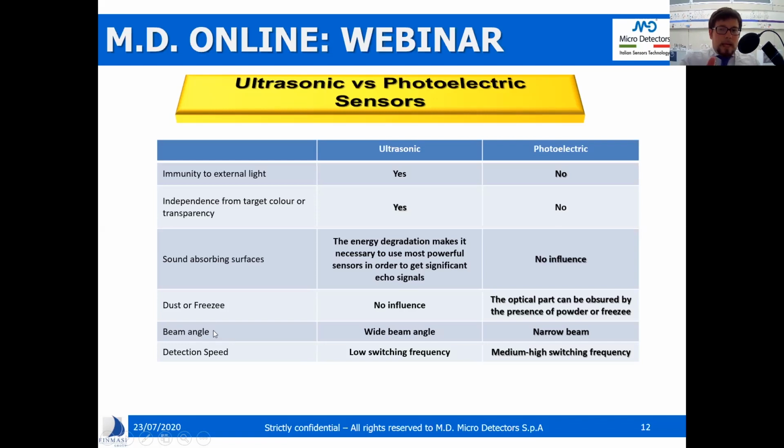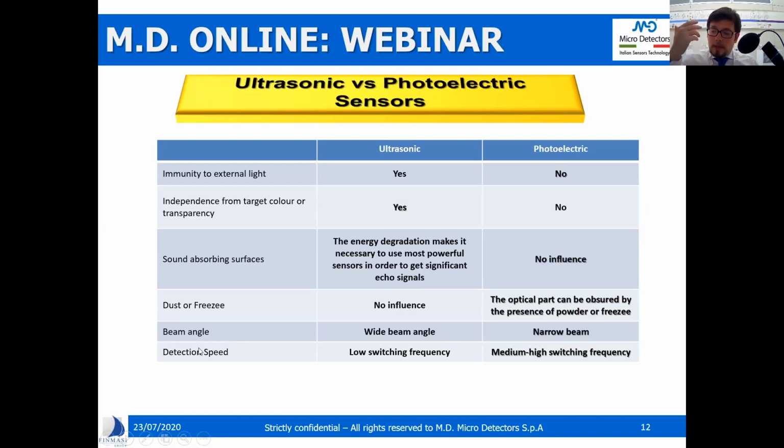And we have just seen in the previous slide that the beam angle is very wide when talking about the ultrasonic technology, while the photoelectric sensors are based on a narrow beam, and you can focus on a specific point if you want.